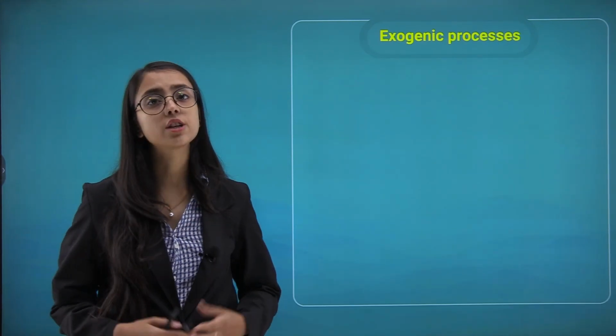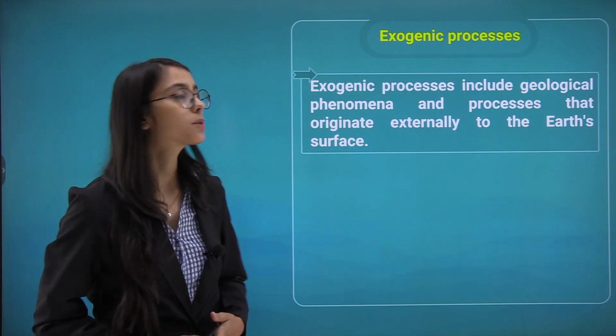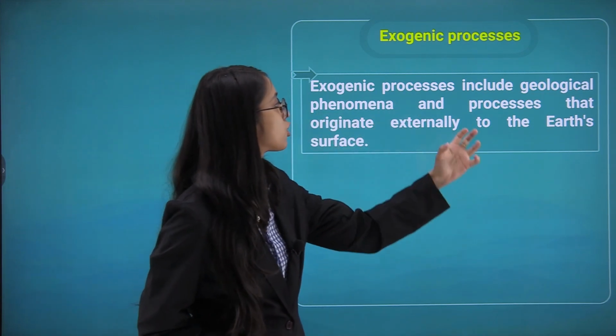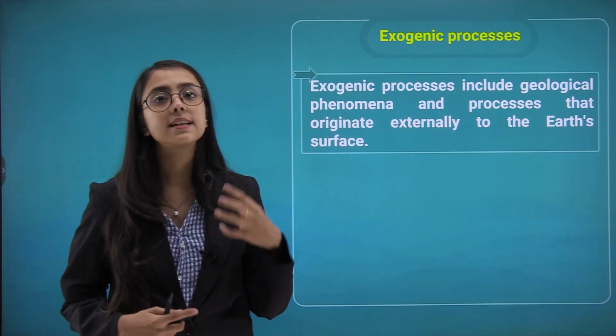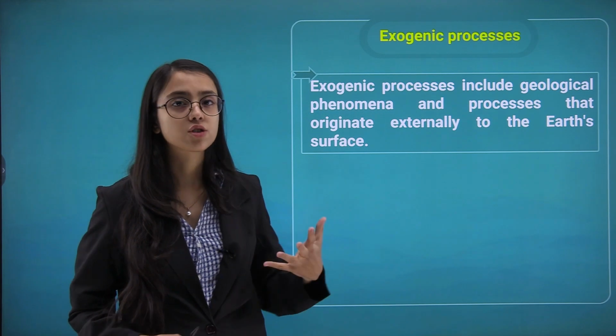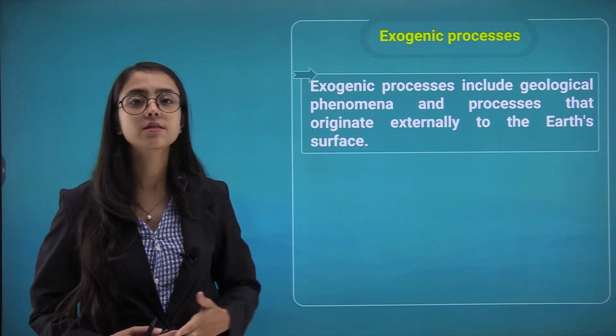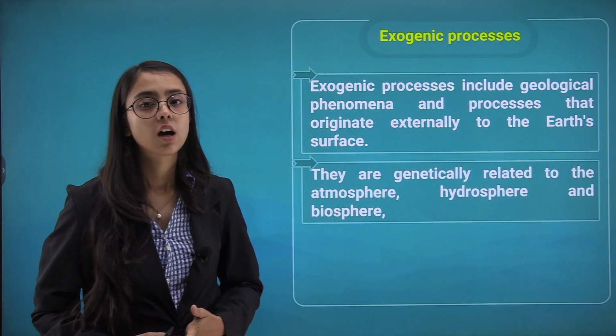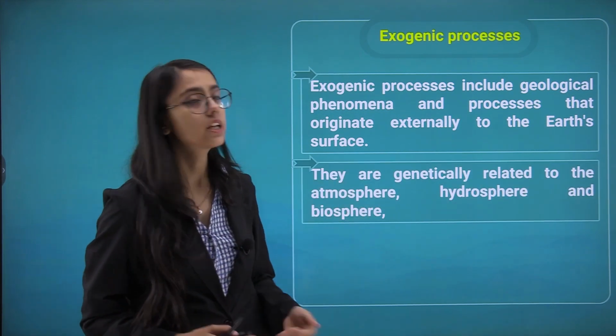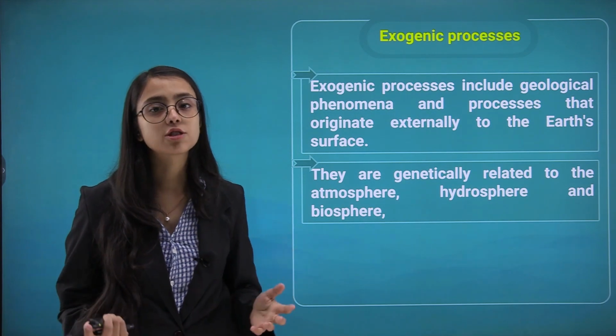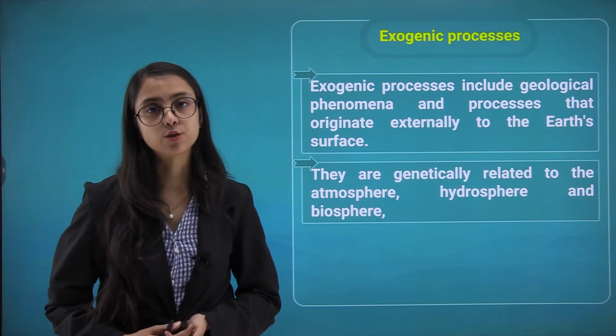Now, what are exogenic processes? Exogenic processes include geological phenomena, elements and processes that originate externally, outside the surface of the earth. Apart from that, they are genetically related to the atmosphere, hydrosphere and biosphere.